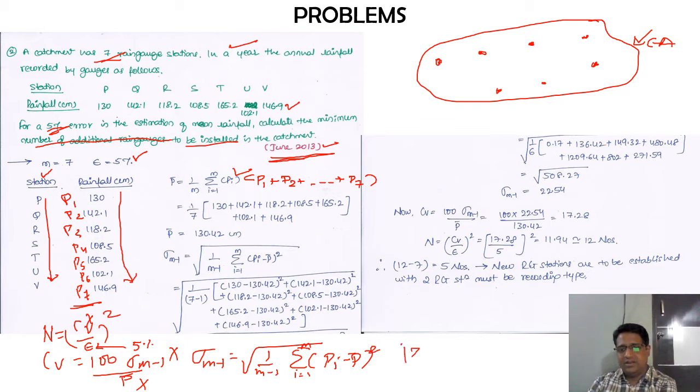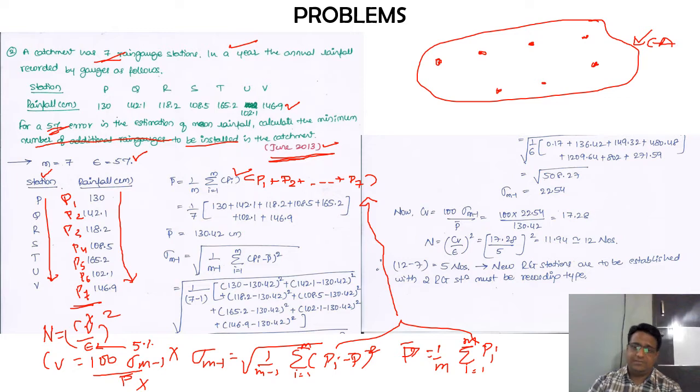Similarly, your p bar value will be 1 by m, summation of i varying from 1 to m of pi. Wherever these pi's are there, they will be varying from 1 to 7. As I explained in the previous slide, the same kind of thing is expected for this problem also.